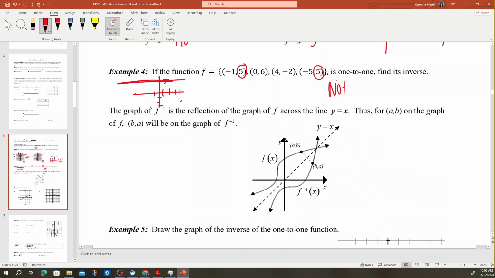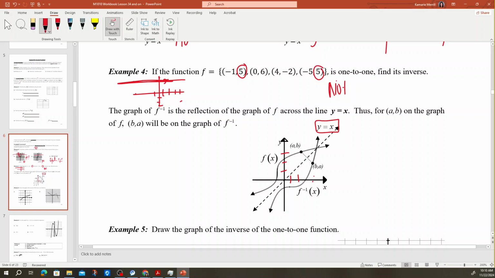Okay, how many of you remember that if I have a value over here, let's say at 2, 3, then I would have a value on the inverse at 3, 2? Inverse values, you can just flip all the x's and y's. They are reflected over the line y equals x. Who remembers this a little bit? If you have a graph, all you have to do is flip all the x's and y's and now you have the graph of the inverse.